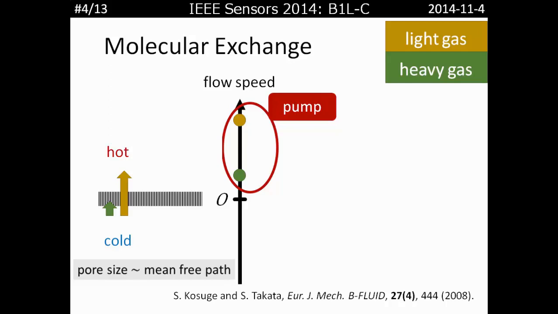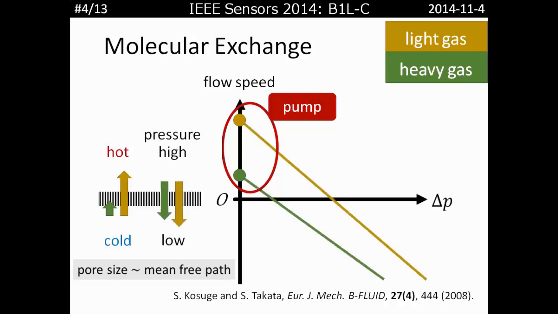Now we increase the pressure in the hot part so that a pressure-driven flow is induced downward. The flow speed of each component is plotted here against the pressure difference. Although the pressure-driven flow has species dependency for a very small channel, when the channel size is as large as the mean free path, the dependency almost vanishes.